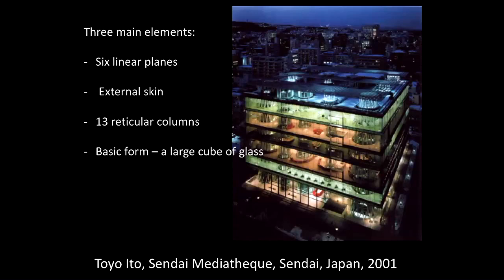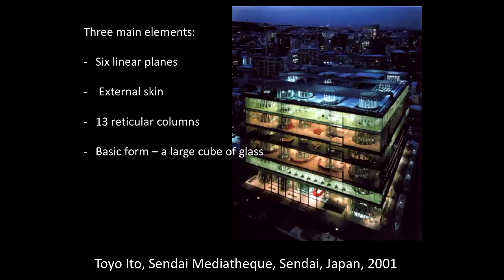There's 13 reticular columns. And this is where it's also very innovative, with 4 of them, quite the largest ones, on the 4 corners to prevent any kind of torsion going on. And then also the 9 others, smaller, interspersed throughout this square cube of a building.